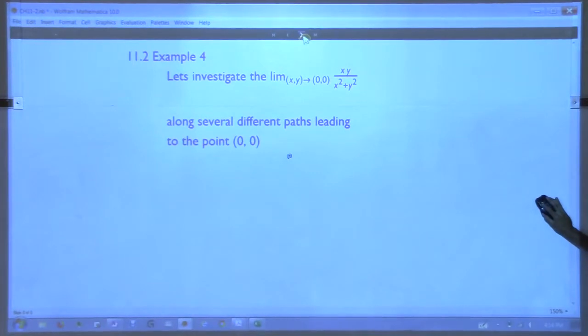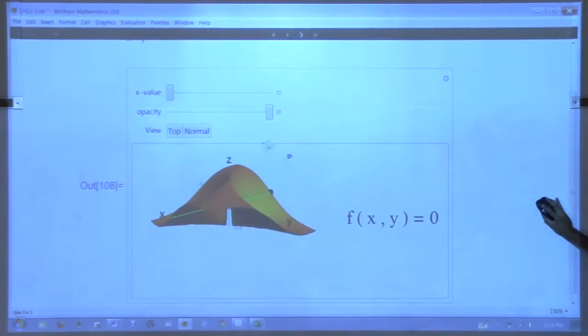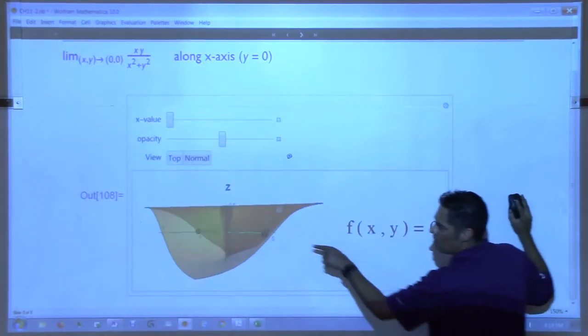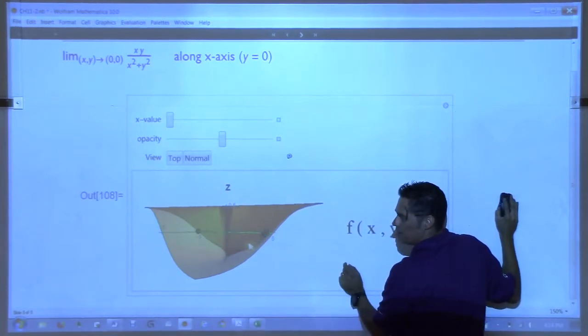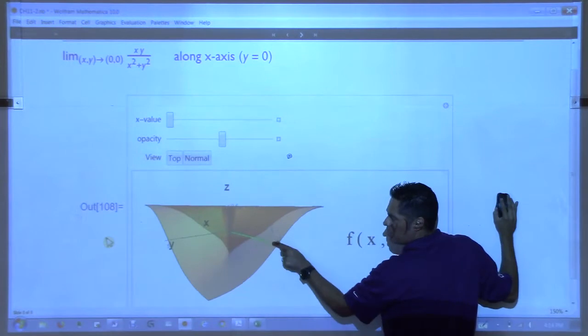I didn't show you the visualization, but here it is. It's kind of almost like a fortune cookie again, but it's kind of got a different shape. So this was in along the x-axis. Can you see that along the x-axis, we kind of ride along this ridge the whole time, and we're at 0? Even on the back side, we ride along this ridge.